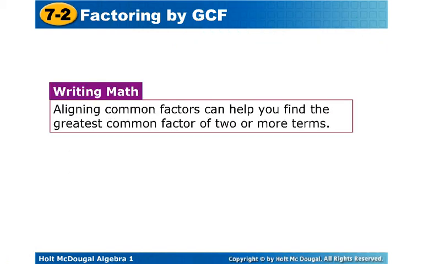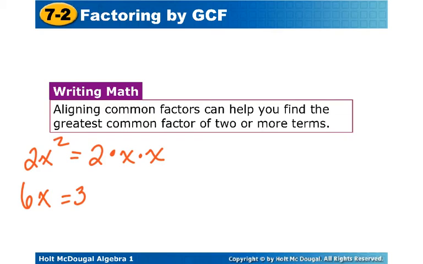One thing that's going to be helpful for you guys is aligning the common factors to help you find the greatest common factor of 2 or more terms. What that means is, like before, if I gave you 2x squared and 6x, remember last lesson, you would write it out as 2 times x, and with 6, you were looking for the prime factorization, so 3 times 2 times x.